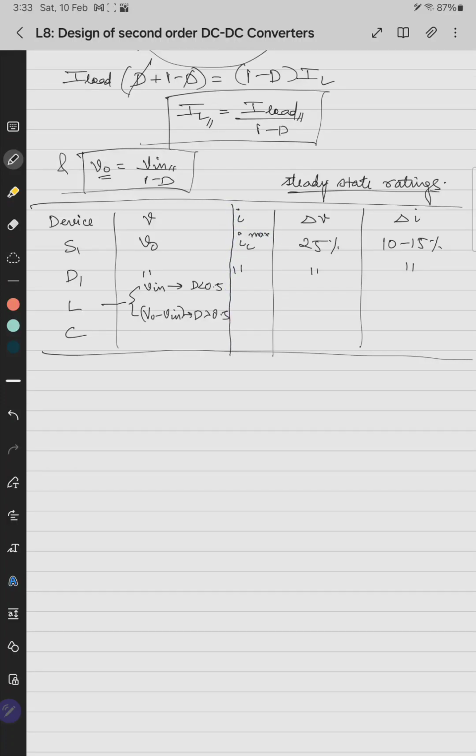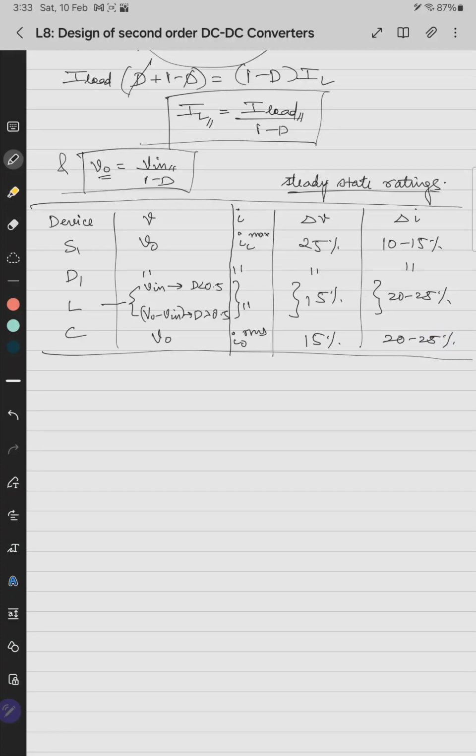So the current is again IL max for both the cases. For both the cases 15%, 20 to 25%. For capacitor V naught, now the current is I naught RMS, still 15% and 20 to 25%. These are the steady state ratings.